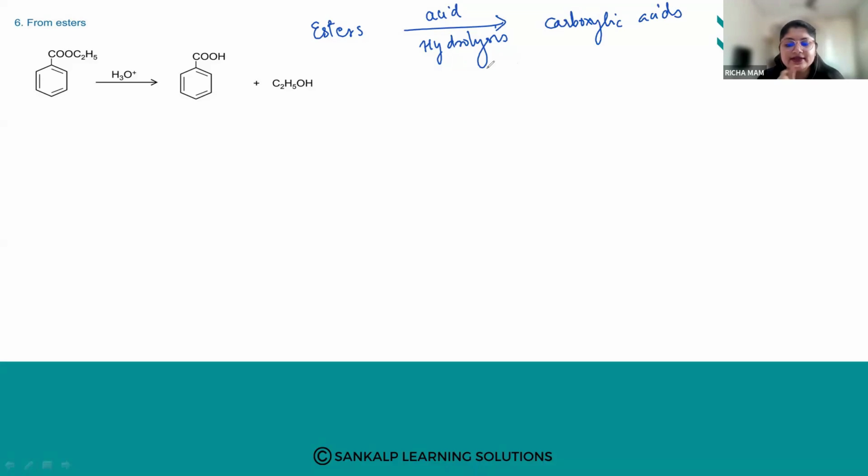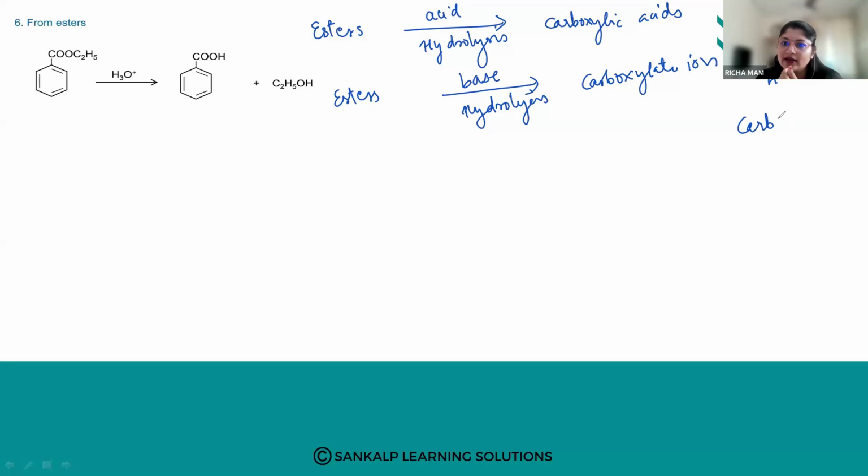While if you do base hydrolysis, we can do base hydrolysis also, but what will happen? You will get the carboxylate ion. Then you have to do acidification, supplying H plus ions, and then you are going to get the carboxylic acid.